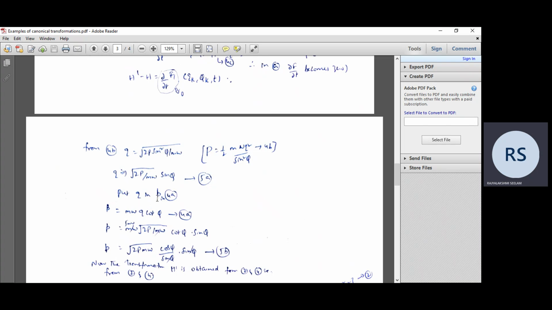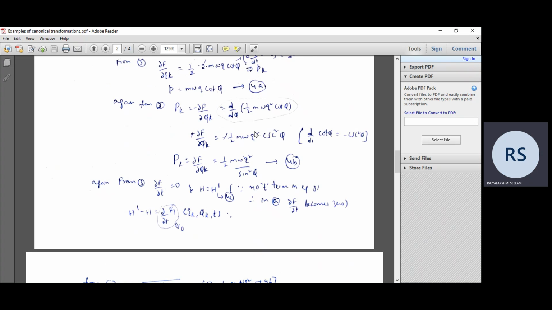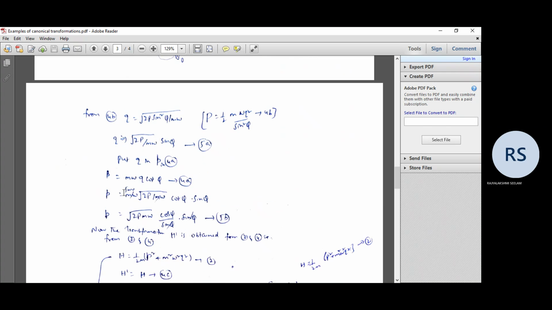So substitute q in p. That means let us substitute this q in equation number 4a. So p equals m ω q cot Q. This is equation number 4a.